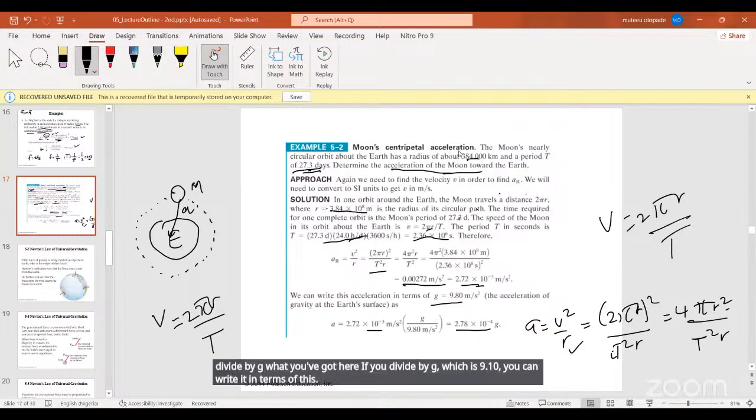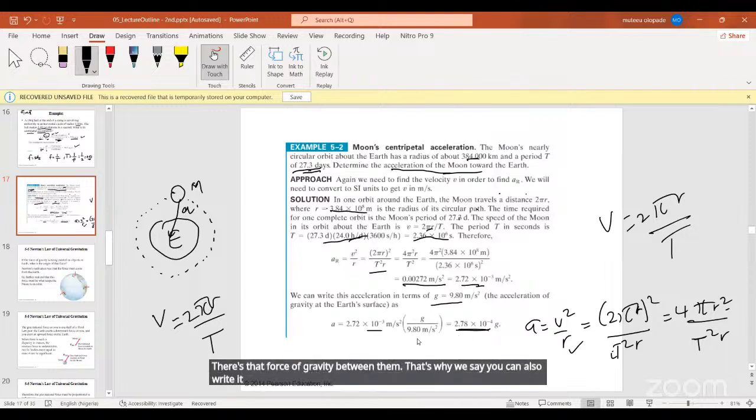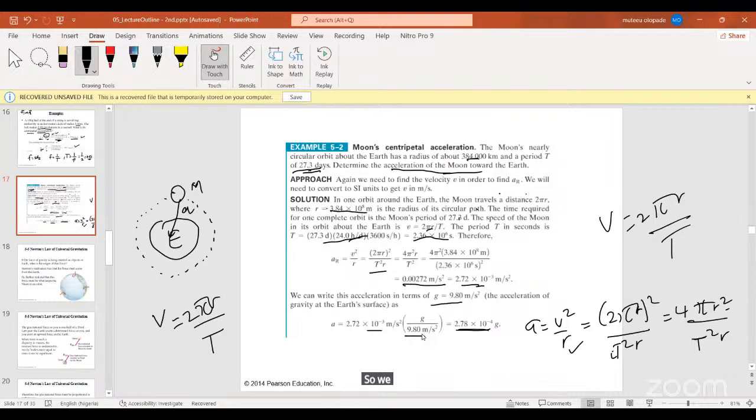You are dealing with celestial bodies, the moon and the earth. The acceleration due to gravity is present between them. There's that force of gravity between them. That's why we say you can also write it in terms of g. So we divide by g. Is it clear? Yes, sir. Thank you, sir.